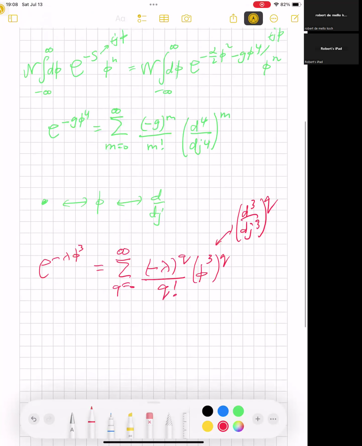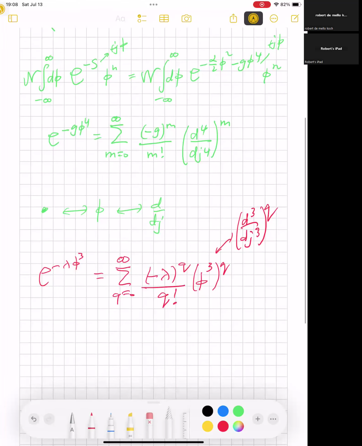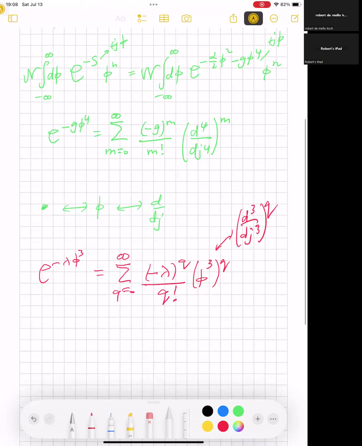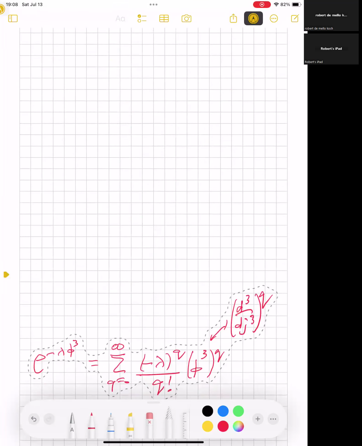is if I were to study this diagram, so let me maybe make a little bit of space. Okay, there we go. Okay.